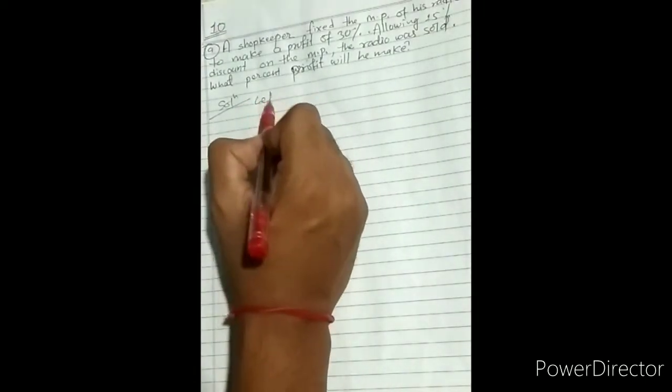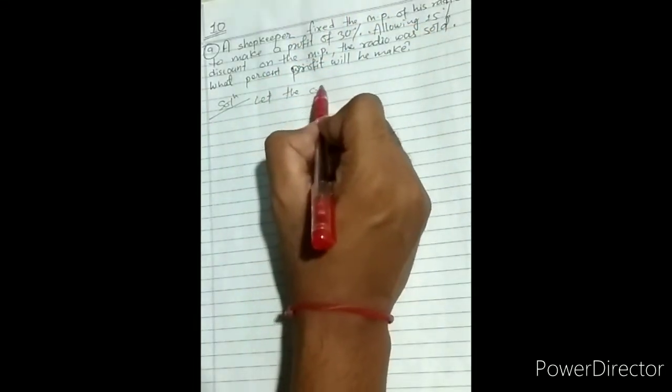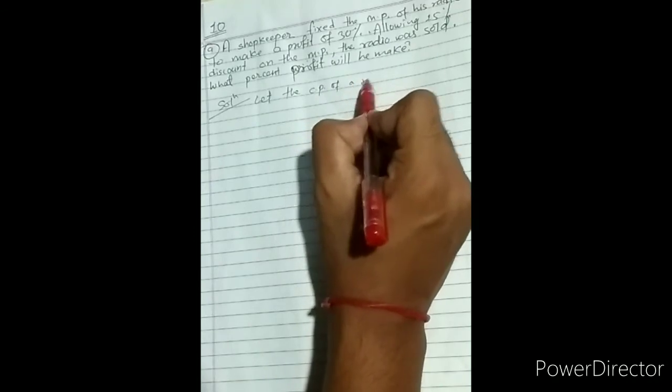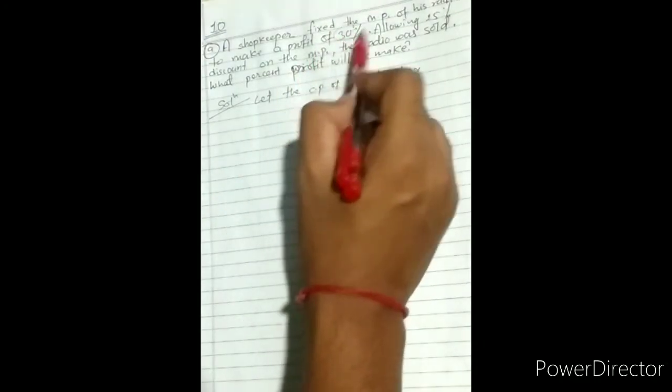Now, what is there? A shopkeeper fixed the MP of his radio to make a 30% profit. So 30% above the cost price. Let the CP of a radio be X. CP is X. We don't know what the CP is, and he wants to get 30% profit.